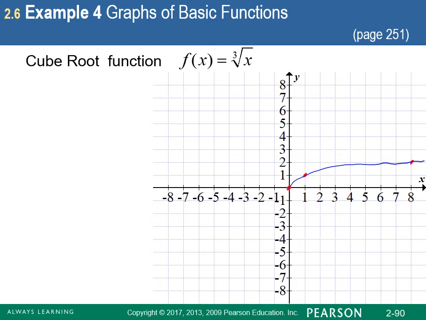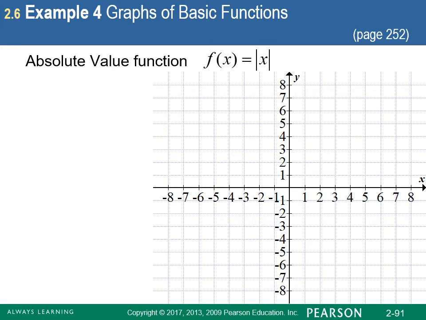Unlike the square and square root, however, this one does have a graph on the other side. And so this graph, you'll notice, has the same shape as the graph of x cubed, only it's going sideways. So our last graph here is the absolute value.